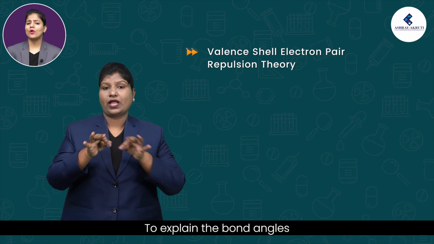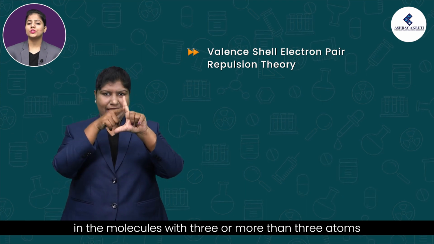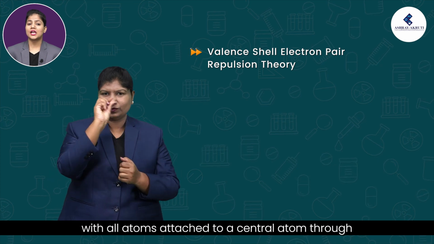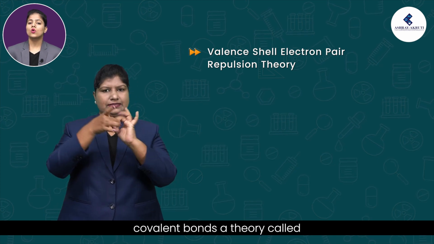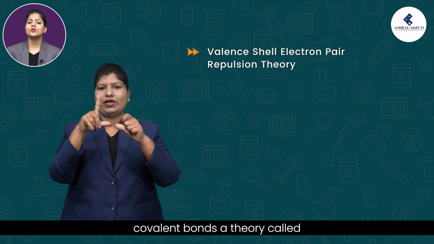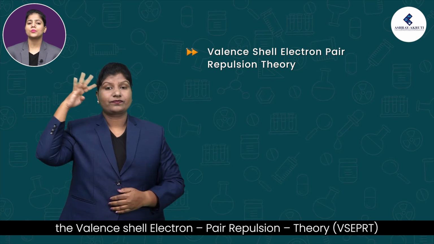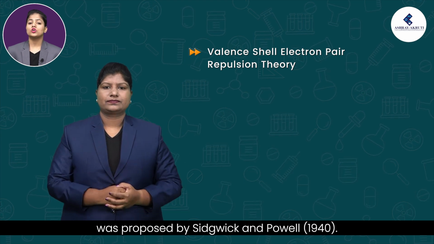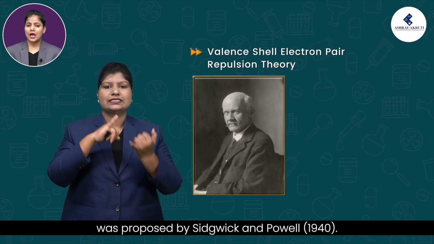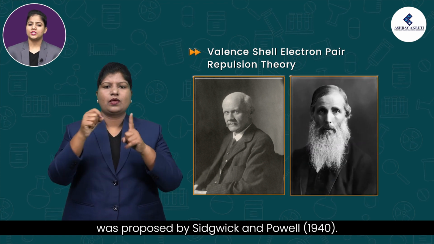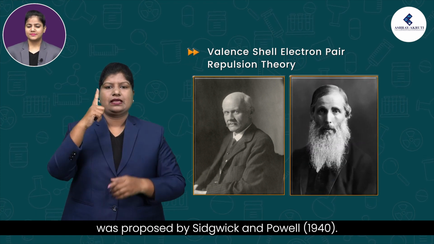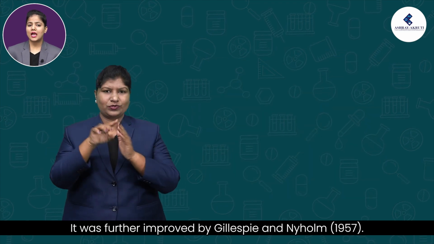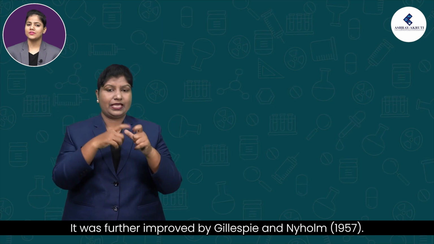To explain the bond angles in molecules with three or more atoms, with all atoms attached to a central atom through covalent bonds, a theory called the valence shell electron pair repulsion theory, VSEPRT, was proposed by Sidgwick and Powell in 1940. It was further improved by Gillespie and Nyholm in 1957.